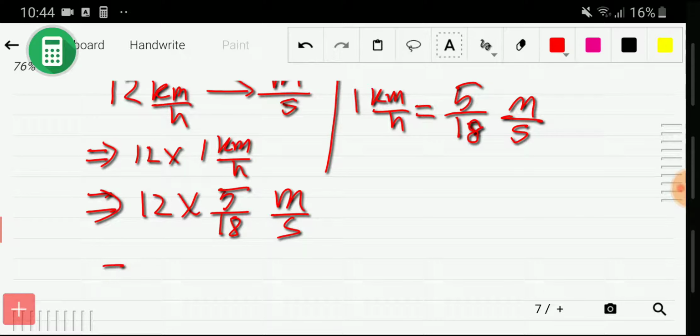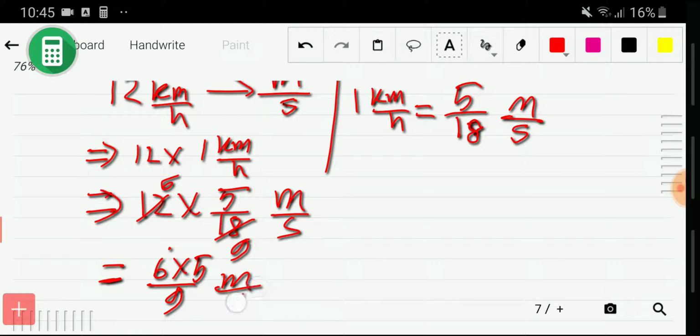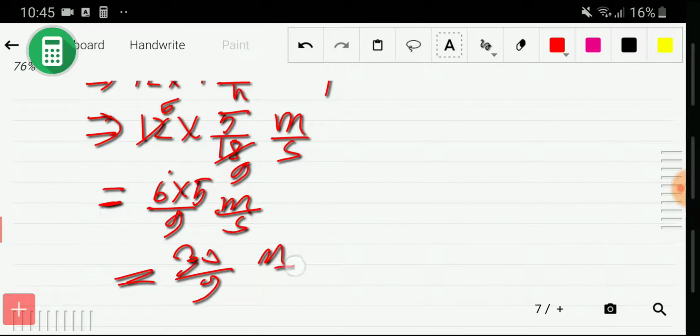If we divide this by 2, then we are getting 6, 9. So we are getting 6 times 5 divided by 9 meter per second. That is 30 divided by 9 meter per second.